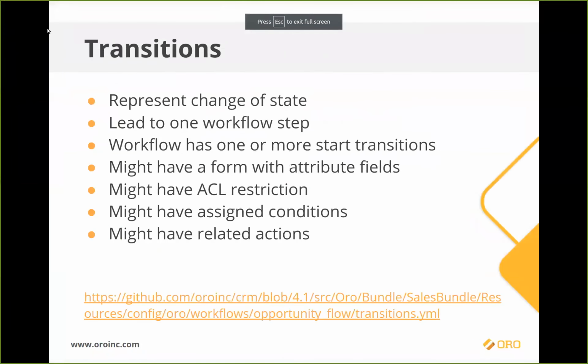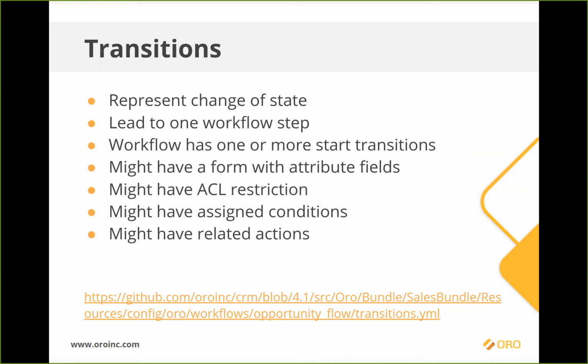Then, once we have steps, we have the attributes, we need to define the transitions, how we can move between the steps and change the state of the workflow. They always link two steps and lead from one step to another. One transition always has the first, the starting step and the ending step. A workflow can have one or more starting transitions.